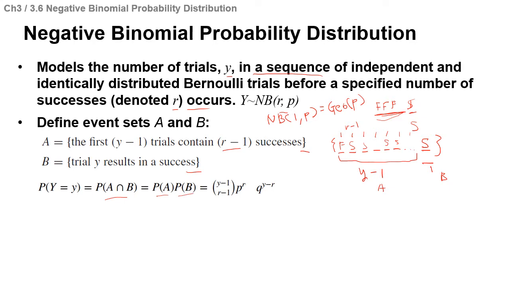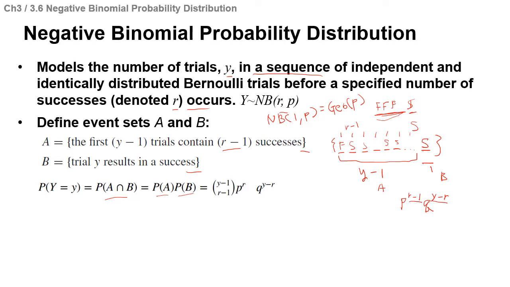And for the probability of A, we have r minus 1 successes. The probability for success is p, so p to the r minus 1, because we have r minus 1 successes, and for the failures, we have y minus r failures. If you sum these two, it is y minus 1.